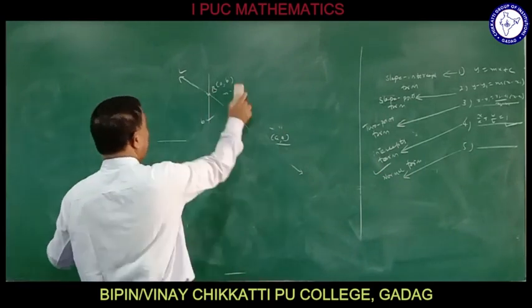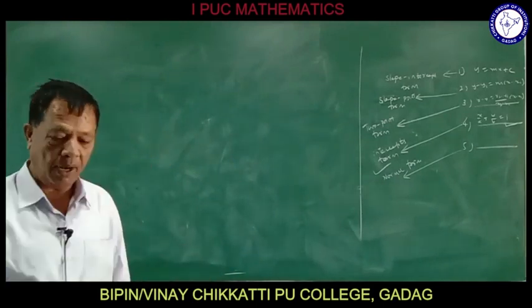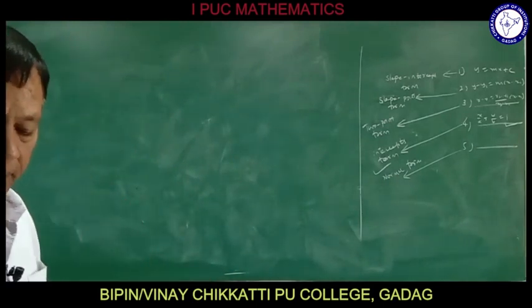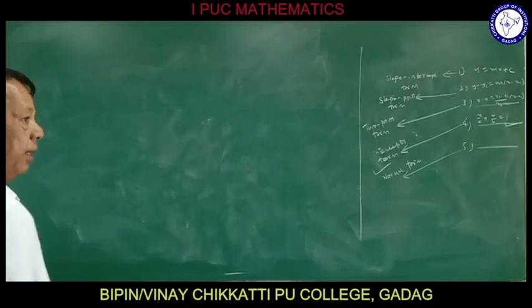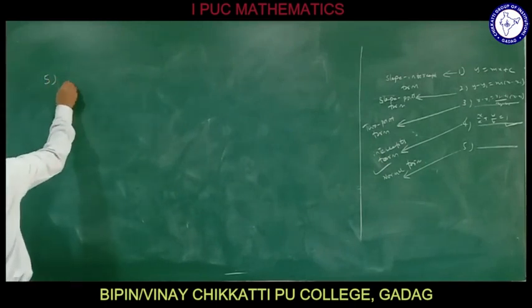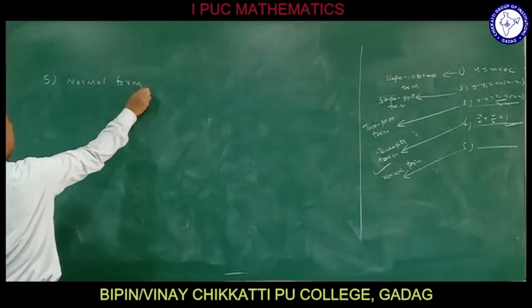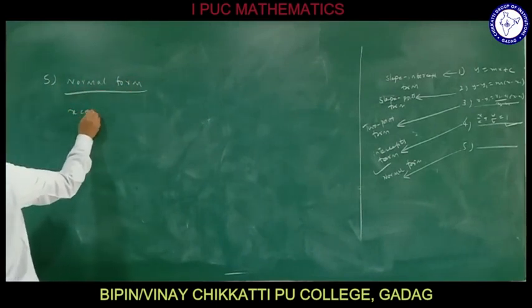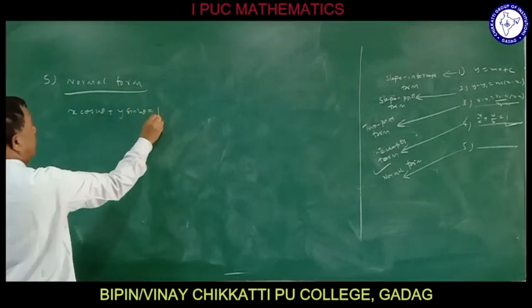See how we are explaining the normal form. First of all, you must know how to derive the equation of the line in the normal form, and this is number 5. Normal form, and what is that? x cos omega plus y sin omega is equal to p.